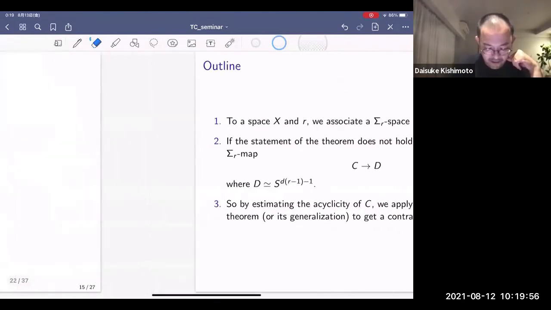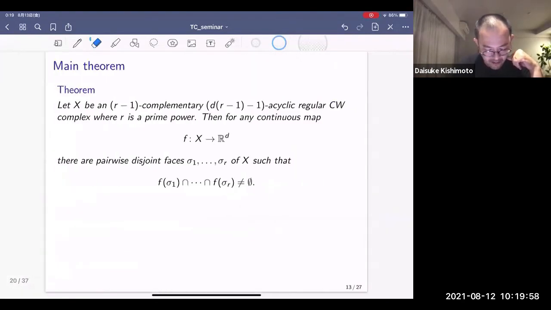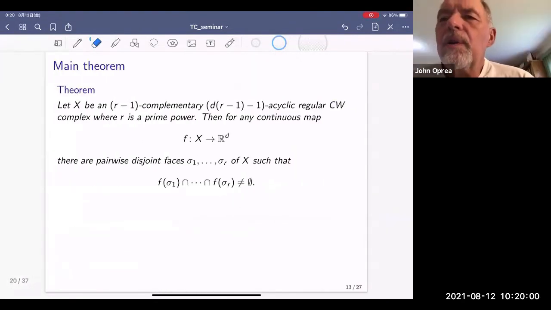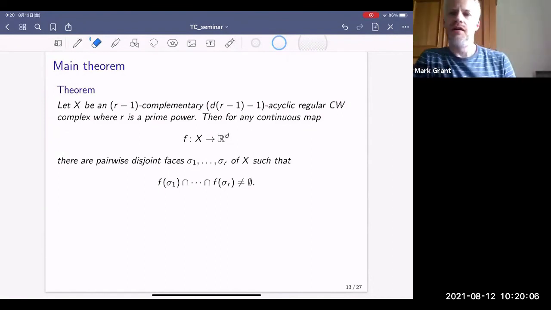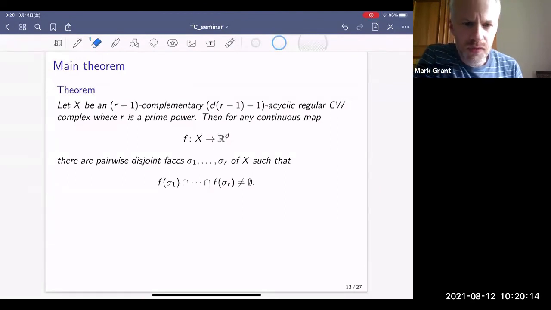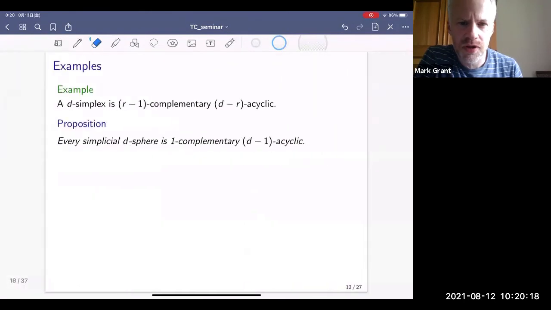Oh, I see. Mark, do you mean that somehow it should satisfy Poincaré duality of some type? I mean that the local homology is the same as that of a manifold. Could you go back to the definition of R-1 complementary?